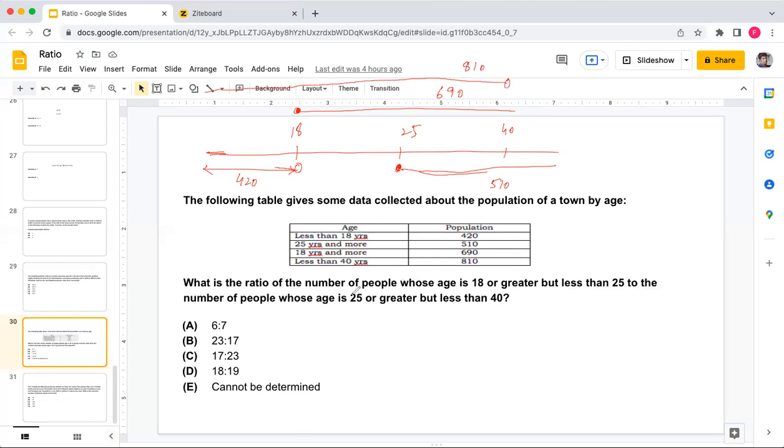Now can you find the number of people whose age is 18 or greater, but less than 25? What is this value? 180, yeah, exactly 180. And the other value is the number of people whose age is 25 or greater, inclusive, but less than 40. So what is this value?